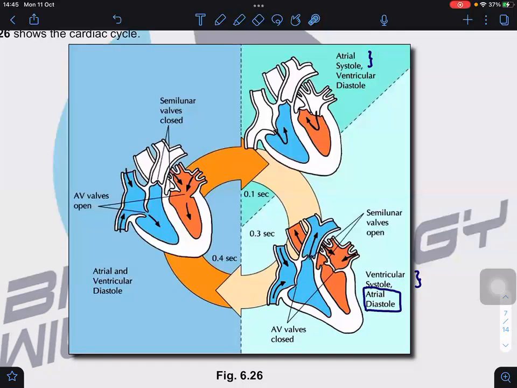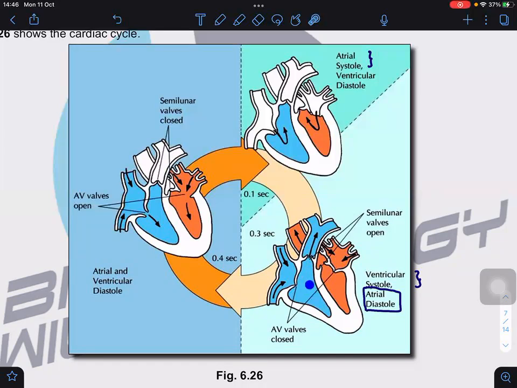And slowly, because of contraction, the contraction is now strong enough to push the blood into the pulmonary artery in this diagram, or the aorta. Okay, can you see that's the one that I highlight here? So the contraction here increases the pressure in the ventricle.